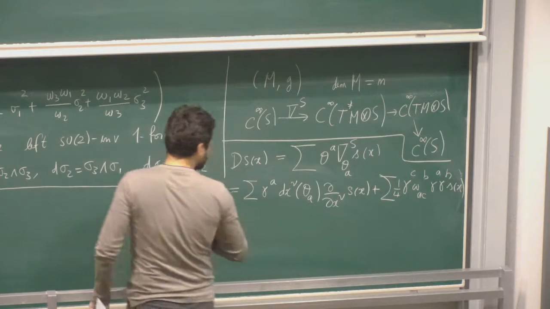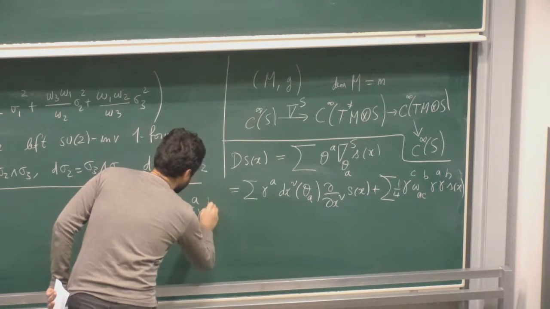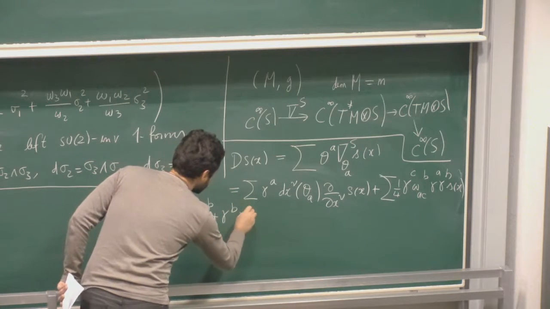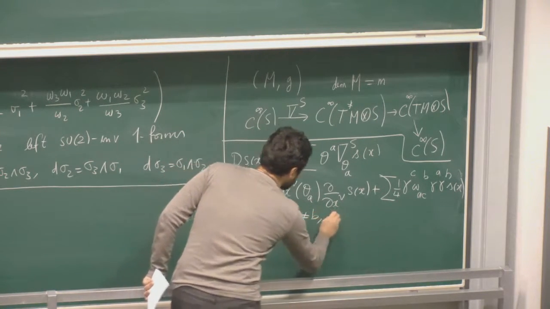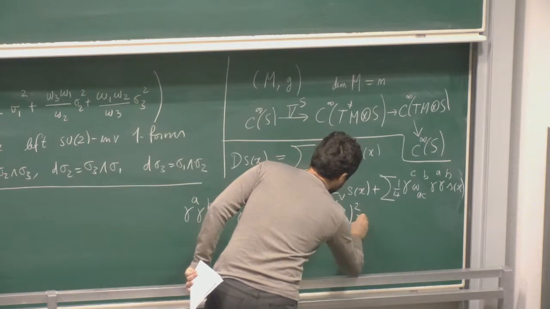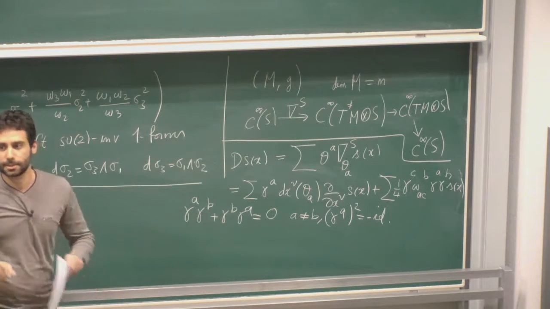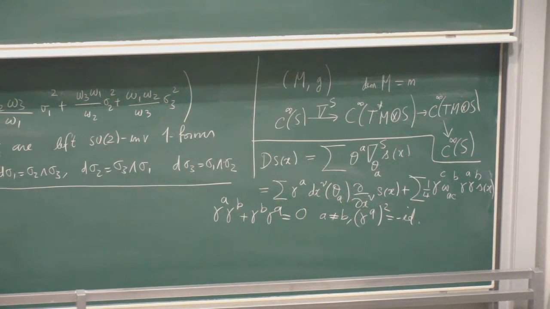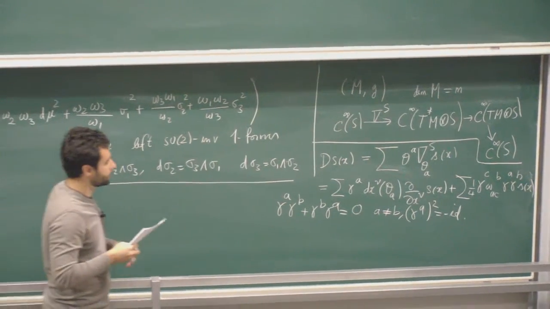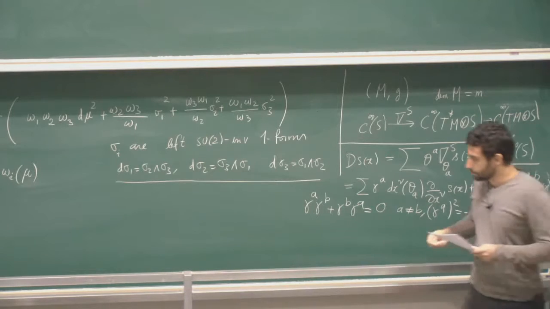And these gamma A, we can just pick any global matrices, gamma A, gamma B, that satisfy these conditions. Their size is the same as the rank of the spin bundle. So basically for this metric, there will be 4 by 4 matrices.